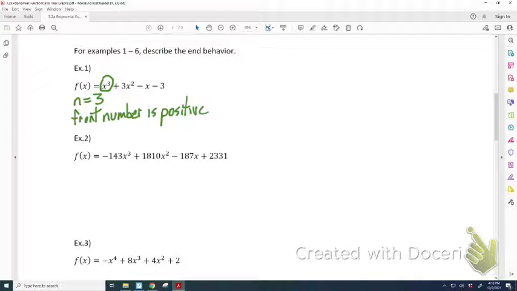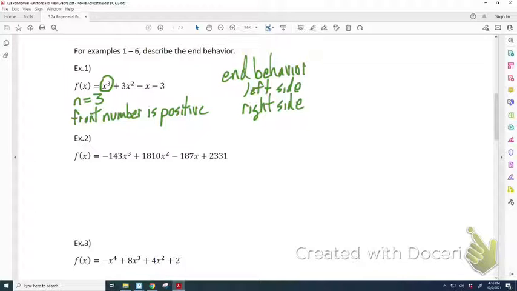So I come over here and I write my end behavior. Left side, right side. Feel free to look back at your table that you just made, hopefully. Since it's odd, they're alternating, and since it's positive, it starts down and it ends going up.